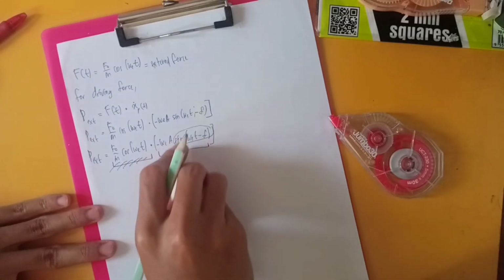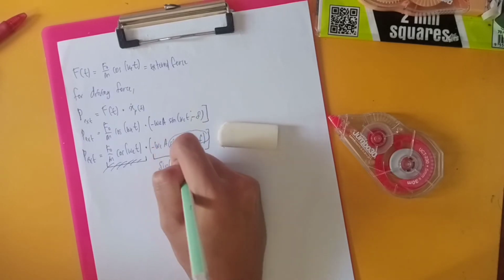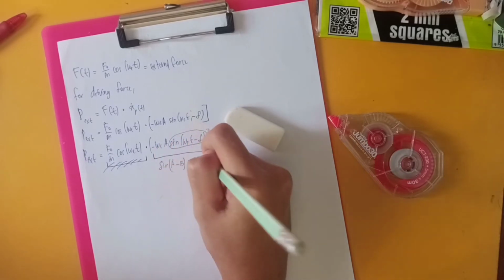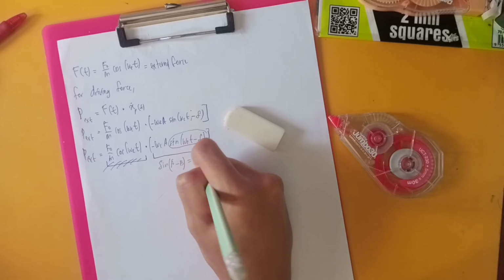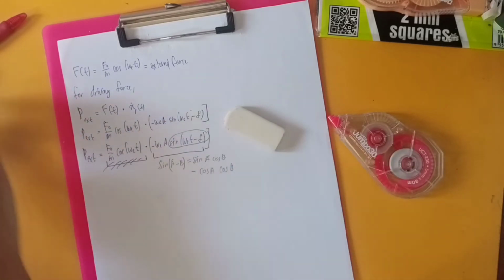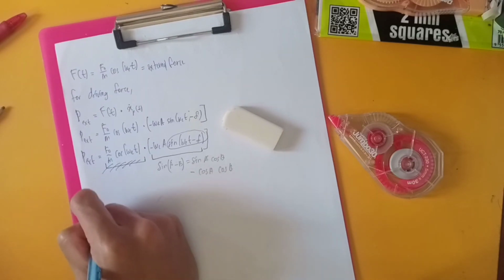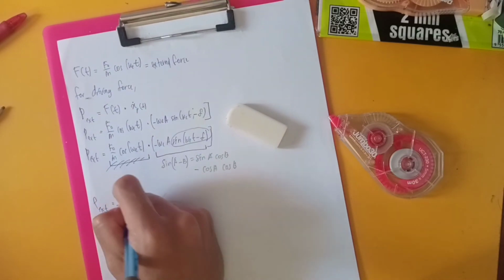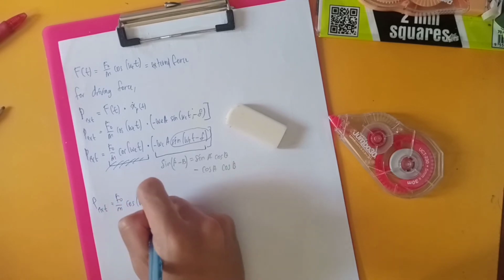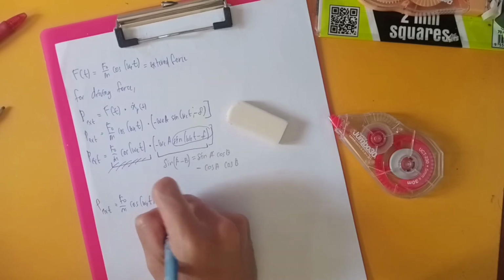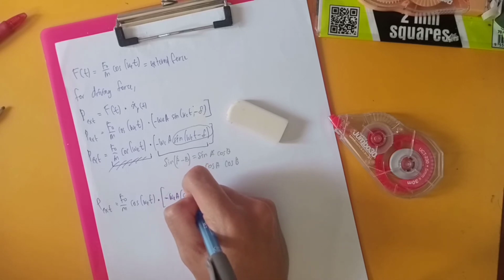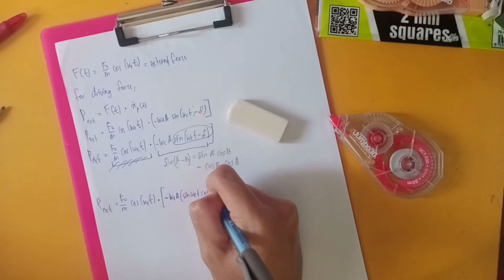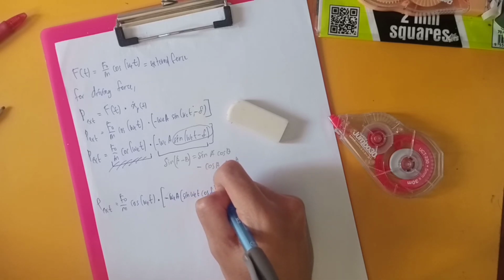So sine A minus B is equal to sine A cos B minus cos A sin B. So P external is equal to F naught over m cos omega_e t, multiplied with negative omega_e A, and then sine A, which is sine omega_e t, and then cos delta, and then minus the omega, it should be positive right here, right?